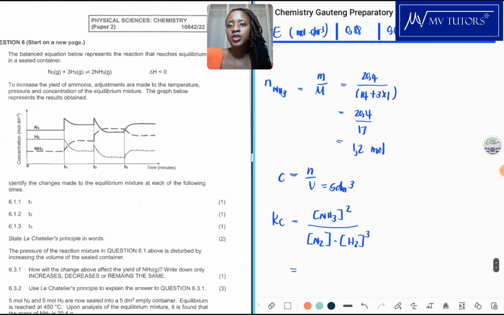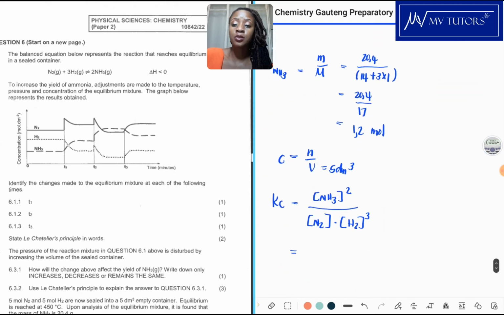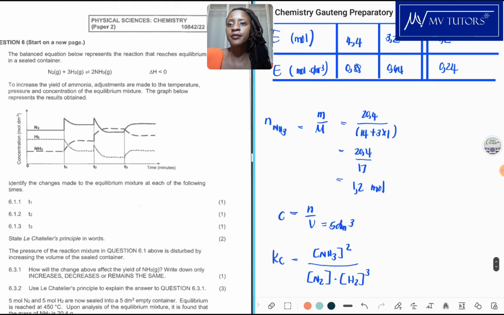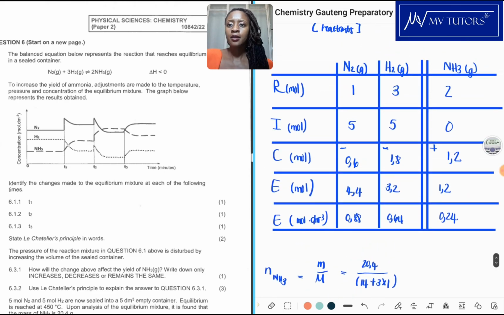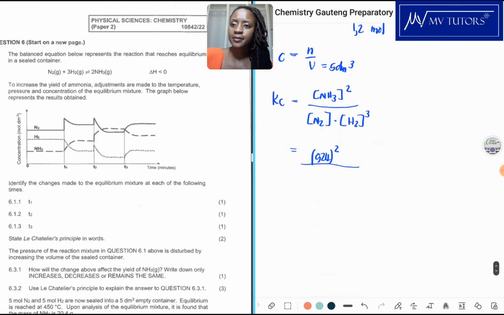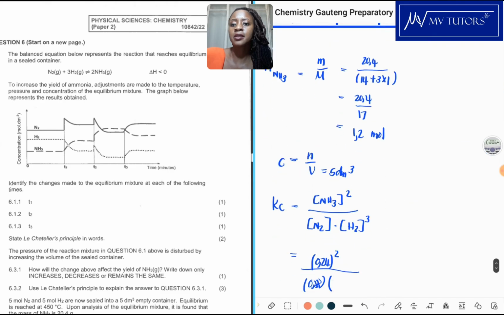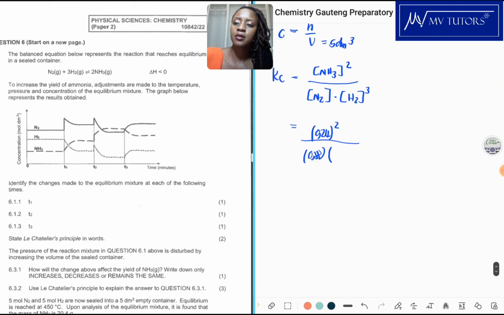So the concentration of ammonia, we got it as 0,24. And that we square it. For nitrogen, we have 0,88. We're going to multiply it with the hydrogen, which is just 0,64, and we're going to cube it.